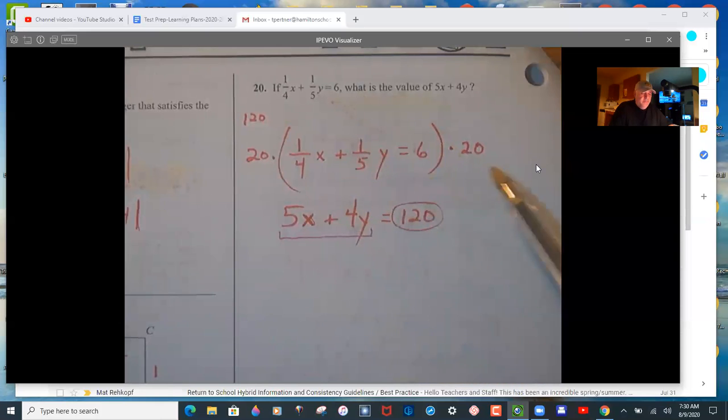And it just so happens by doing this that the answer falls into my lap. So by multiplying left to right by 20, the smallest number that 4 and 5 go into, I come up with 5x plus 4y equals 120. And that's what the question is asking. What does 5x plus 4y equal? I got lucky doing that, but you need to think in terms of eliminating fractions all the time.